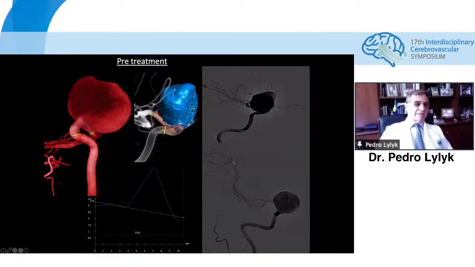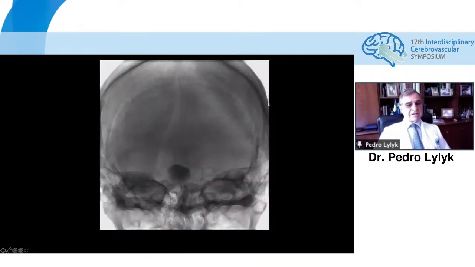That was a lady for whom the procedure was eventful. We had to do a 360 maneuver inside the aneurysm to take out the exit, to breach the aneurysm. At the very end, almost everything was done, and we were very, very happy.